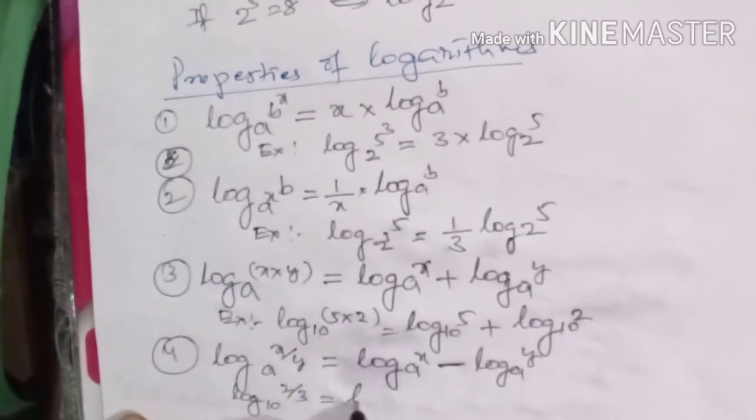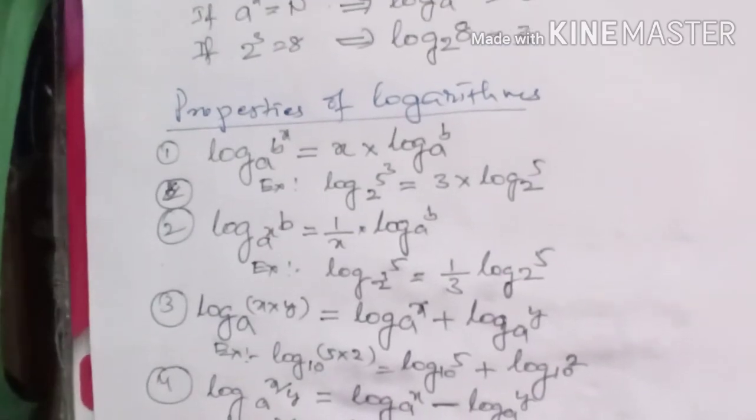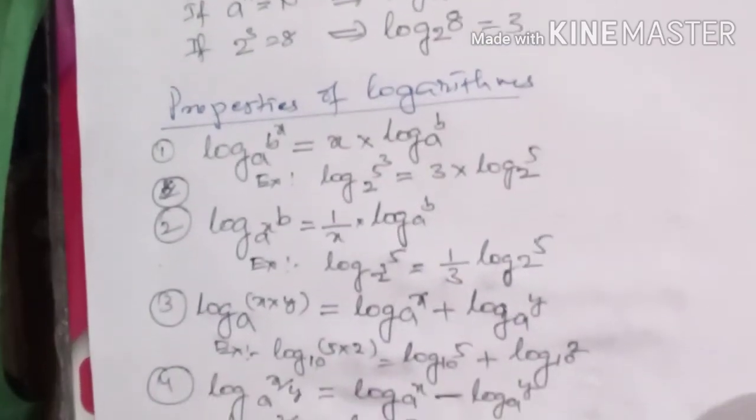We can write this as log 2 to the base 10 minus log 3 to the base 10. So these are the important properties of a logarithm.